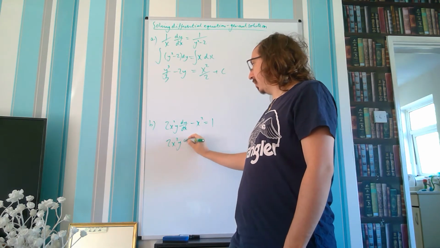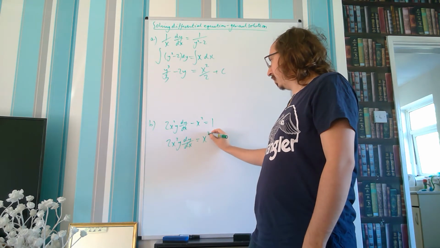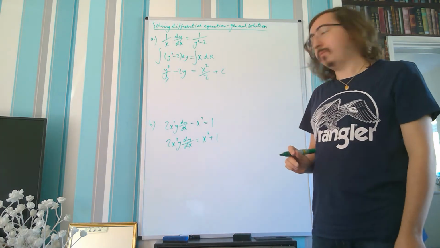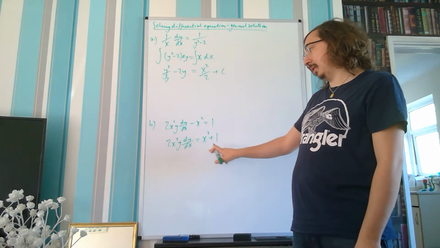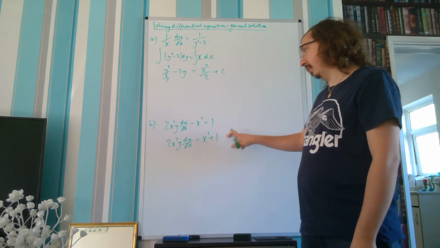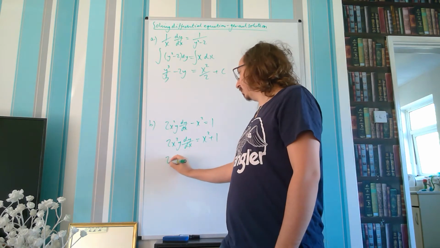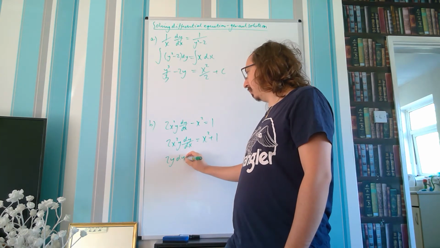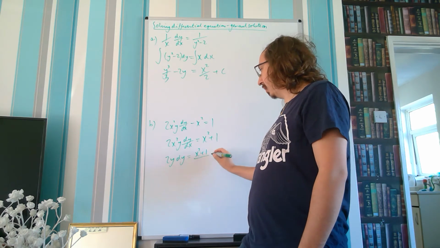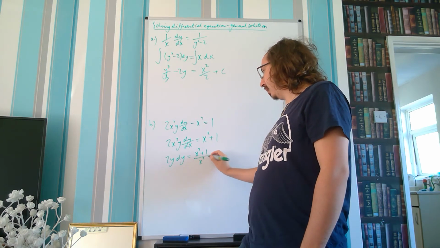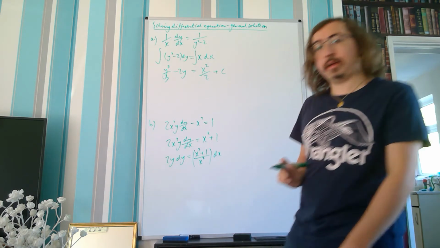2x squared y dy by dx is equal to x squared plus 1. Well, we can divide by the x squared, and this dx can move and become up into the numerator as a multiplication. So you're left with 2y dy is equal to x squared plus 1 all over x squared times dx.